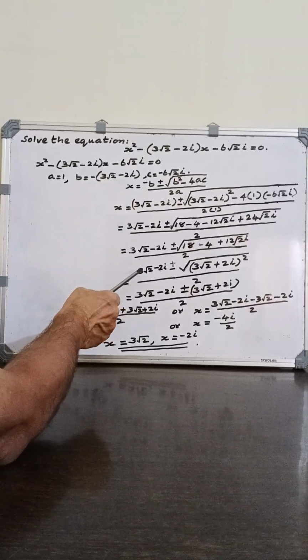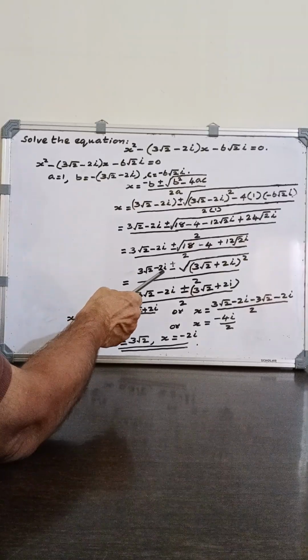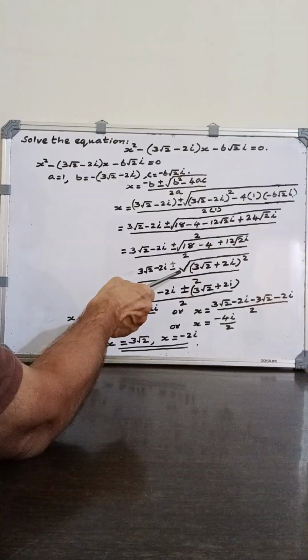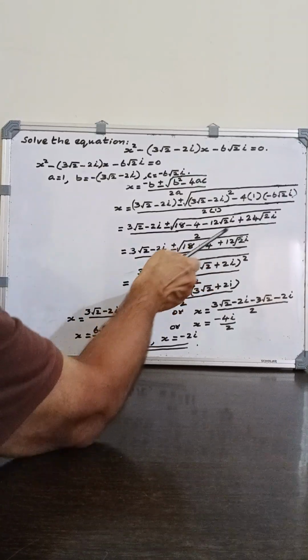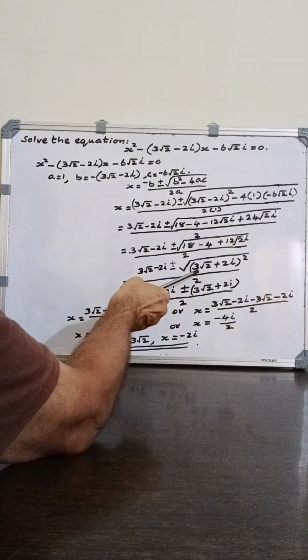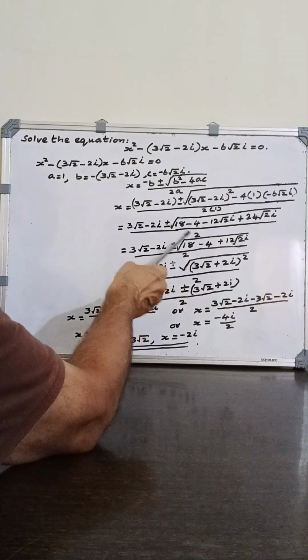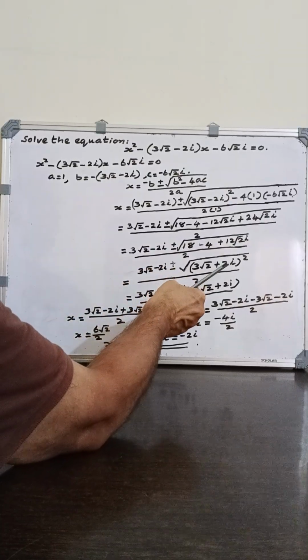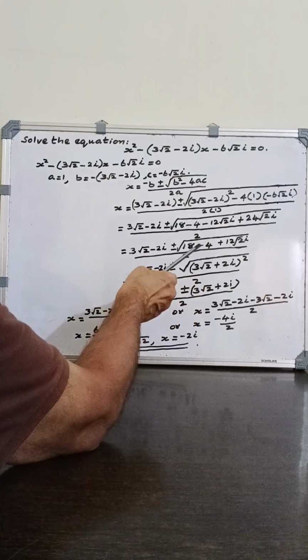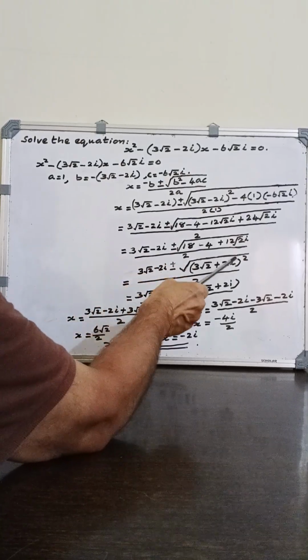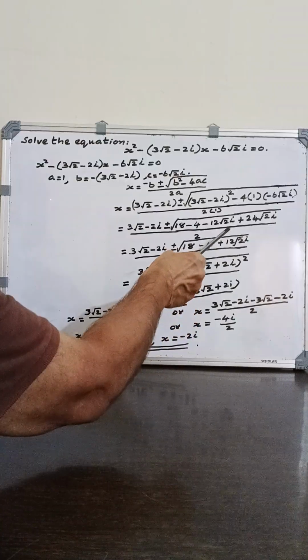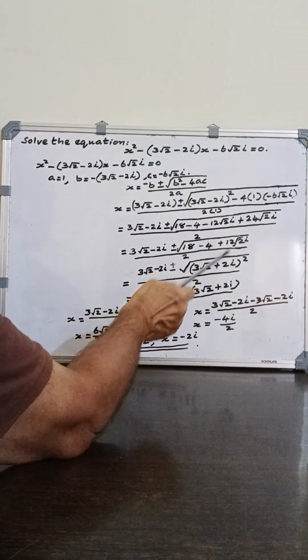That is 3 root 2 minus 2i plus or minus root of 18 minus 4 plus 12 root 2i. 3 root 2 the whole squared is 18. 2i the whole squared equals minus 4. Therefore, 2 into 3 root 2 into 2i is plus 12 root 2i.